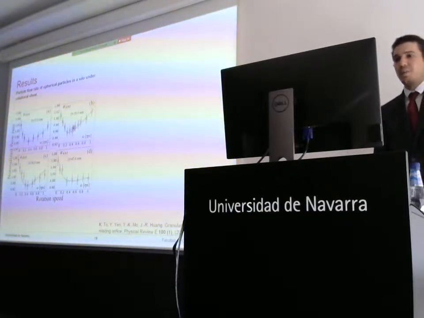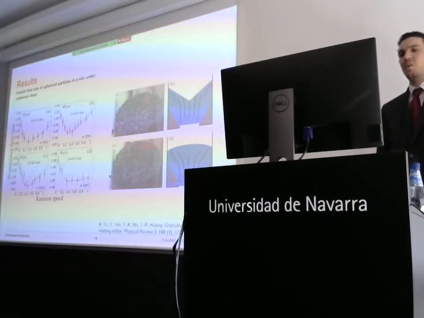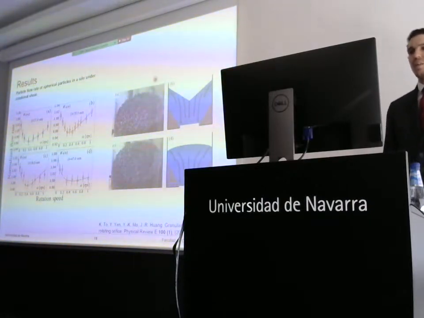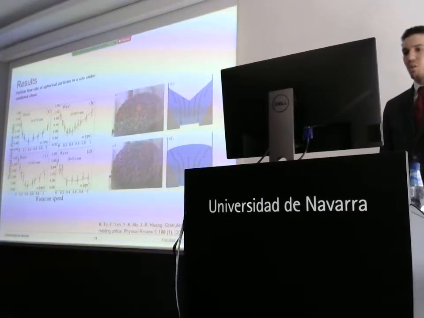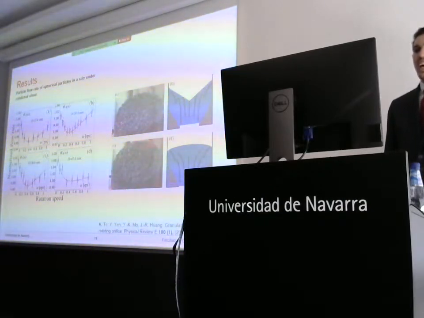In their paper, they didn't give a reasonable explanation of this non-trivial behavior, since they cannot see inside of the granular bed. Instead, they only suggested it might be related to a change of the flow pattern, based on the visual inspection of the top surface of the granular bed.